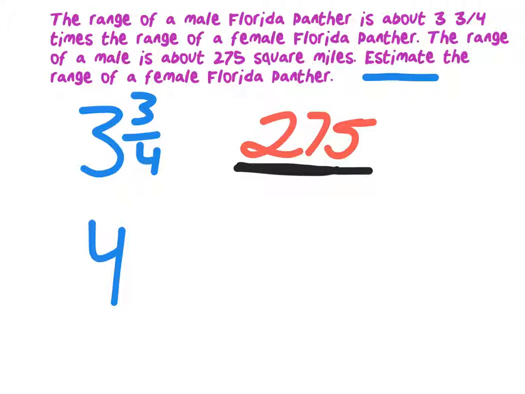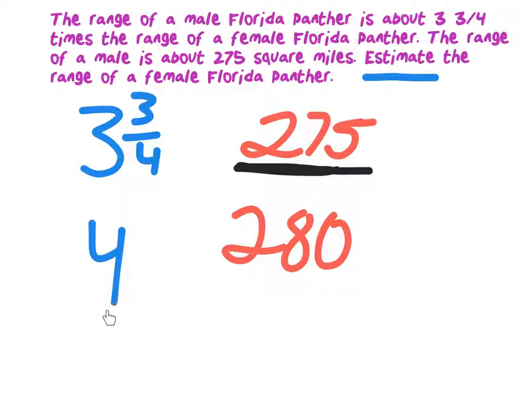But it does, however, go into 28. So I'm going to round that to 280 because 280 is really close to 275. But my second reason is also that 4 goes into 280 nice and even like. So our last step is to actually divide 280 divided by 4.